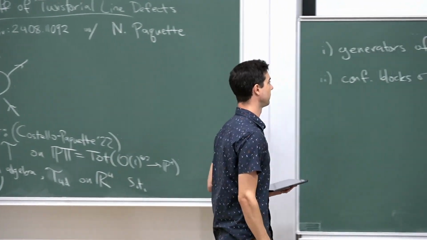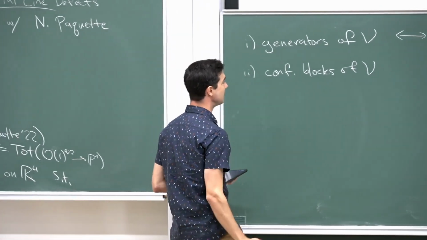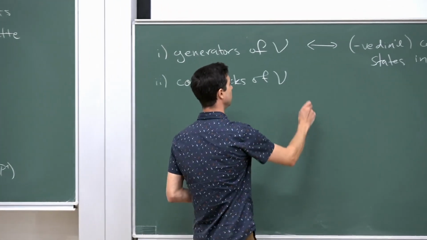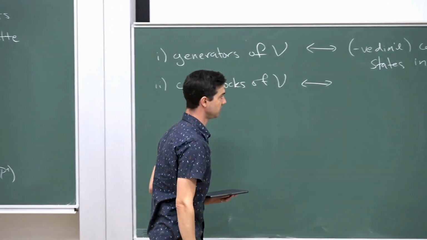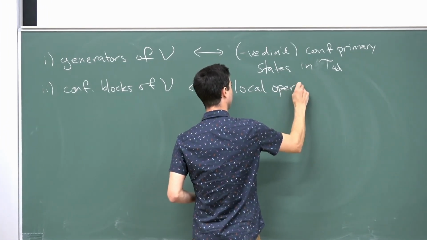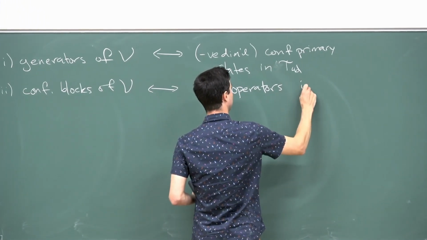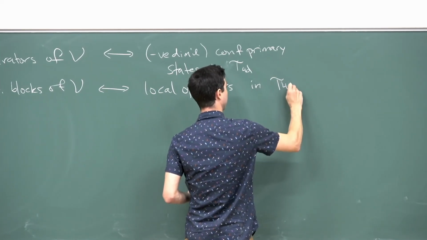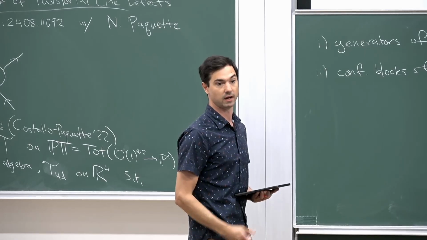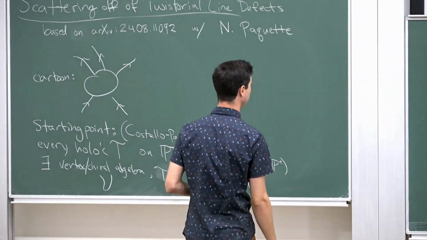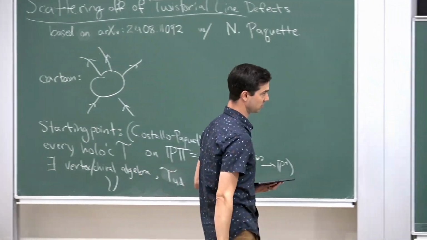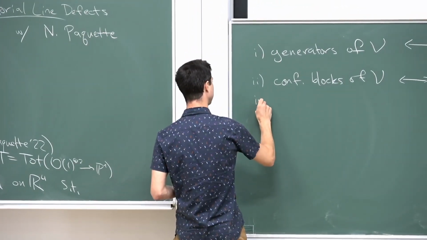In this context, you have an uncountably infinite number of conformal blocks. "Uncountably infinite because you choose the point." Exactly, yeah. So conformal blocks of our chiral algebra V are in one-to-one correspondence with local operators in our four-dimensional theory.